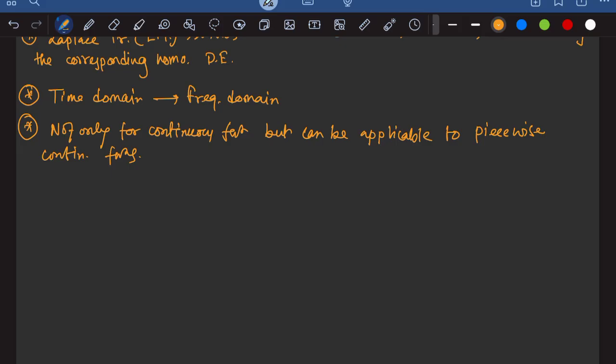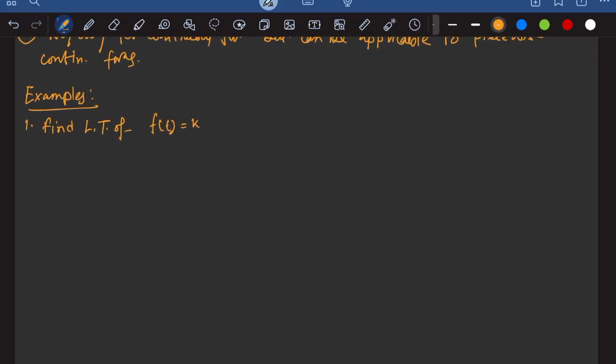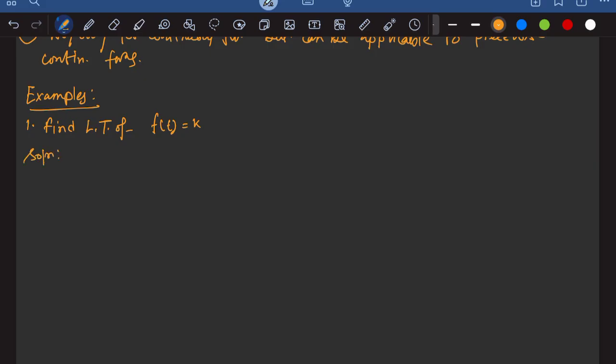Now we are moving to the next part: Laplace transform examples. The first basic example is to find the Laplace transform of f(t) equals k, where k is some constant. See the process of how one can find the Laplace transformation.